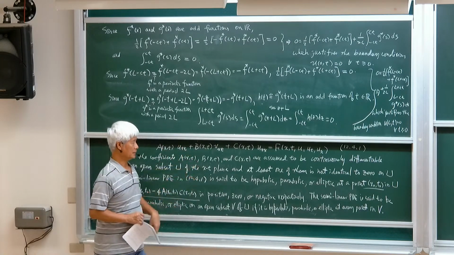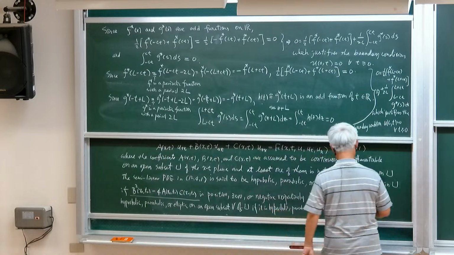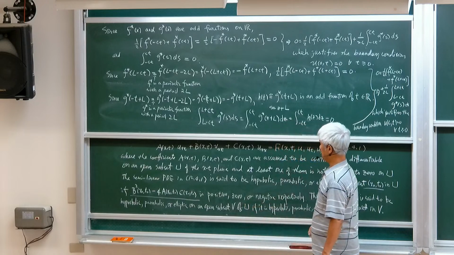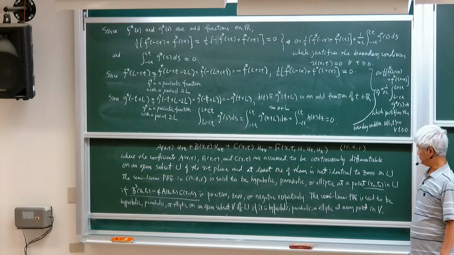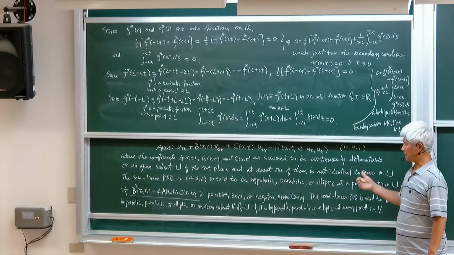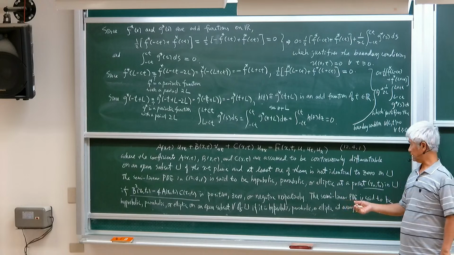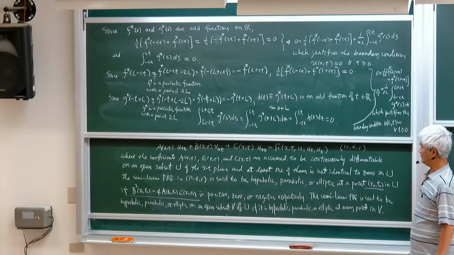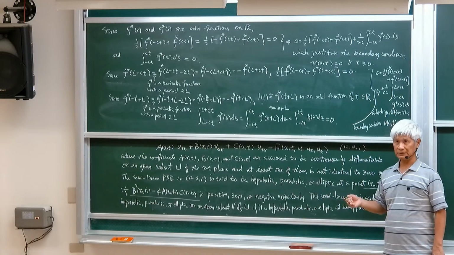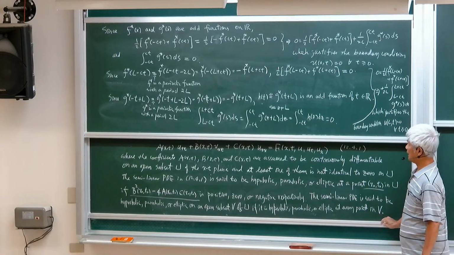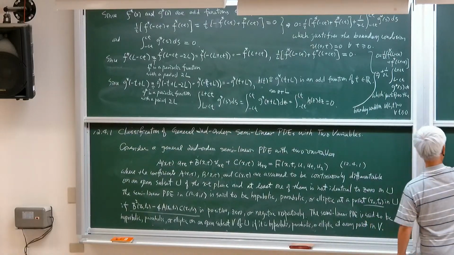So it's very easy to find an open subset V of U such that the semi-linear PDE is hyperbolic at every point in this open subset, or every point is elliptic in V. Okay.